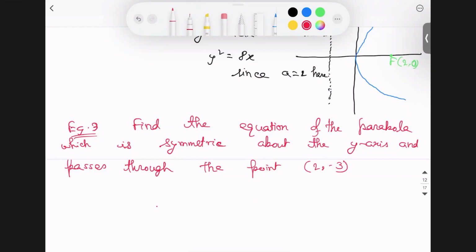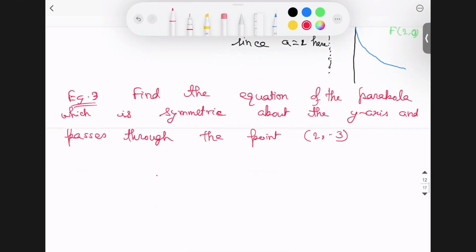So the first is that the parabola is symmetric about the y-axis. This is the x-axis, and this is the y-axis. So two cases may arise.